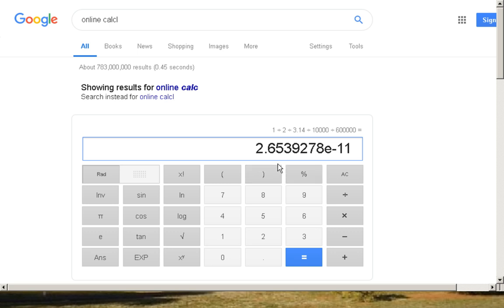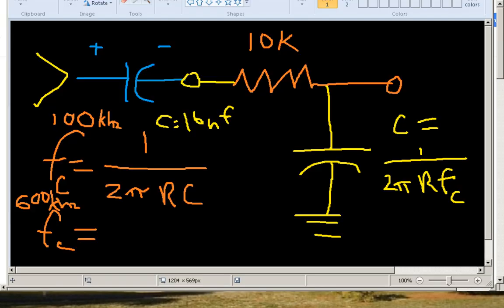Wait. 265 nanofarads. C equals 265 nanofarads. So if the capacitance goes up, the frequency goes down.